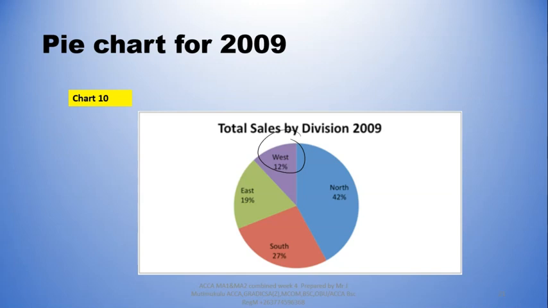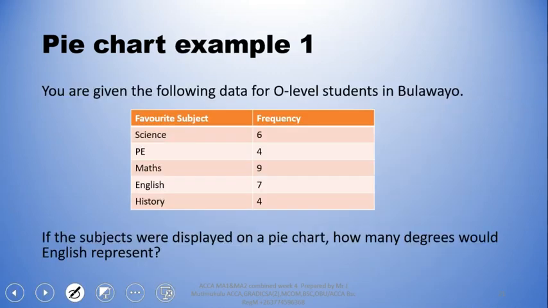We can also see that the North division was the largest in terms of sales. Then we have the South trailing behind the North, then the East behind the South, and finally our Western division, which is very problematic.